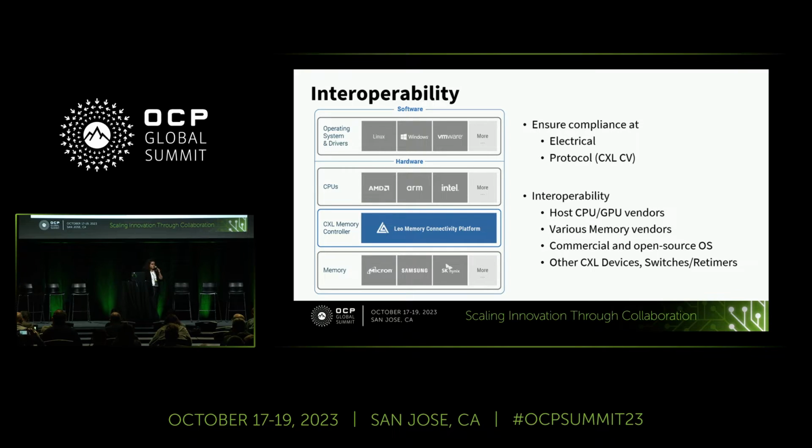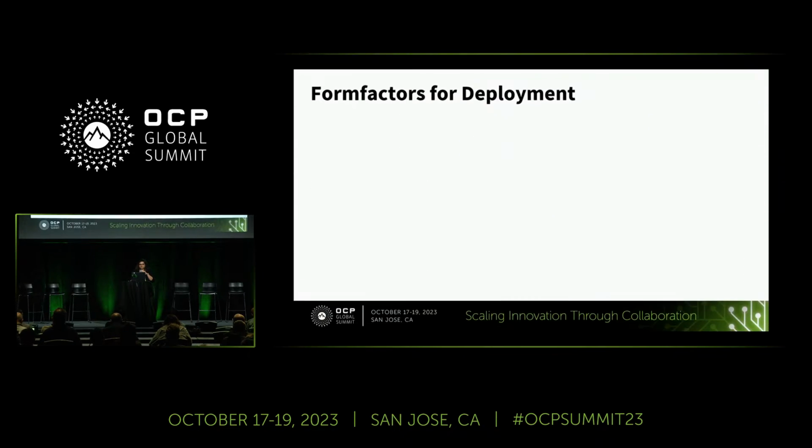To add to that, we want to be able to plug in with switches. We want to be able to plug in with reach expanders and still be able to have robust interoperability. Form factors. We just had a presentation from Kiran and Anant that talked a lot about form factors.